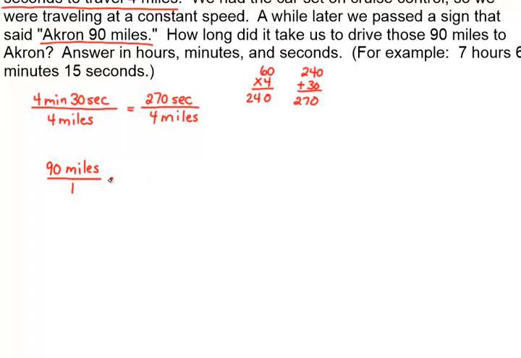And we want to know how long it took us. Basically, we're just going to use our ratio that we have up here. It took us 270 seconds to go 4 miles. Okay, so the miles will cancel out. And so we need to figure this out.